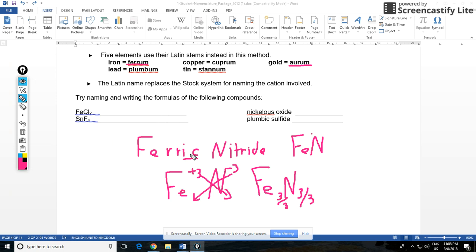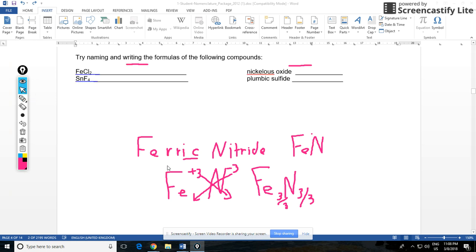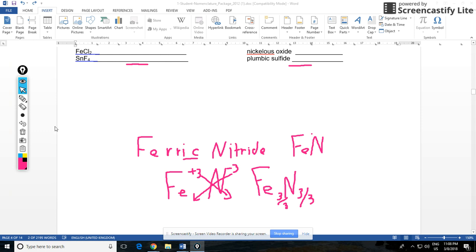If, on the other hand, your compound was ferrous nitride, you'd have a bit of a different story. So if we had ferrous nitride, you know you have the lower valence, which is not +3, but +2.